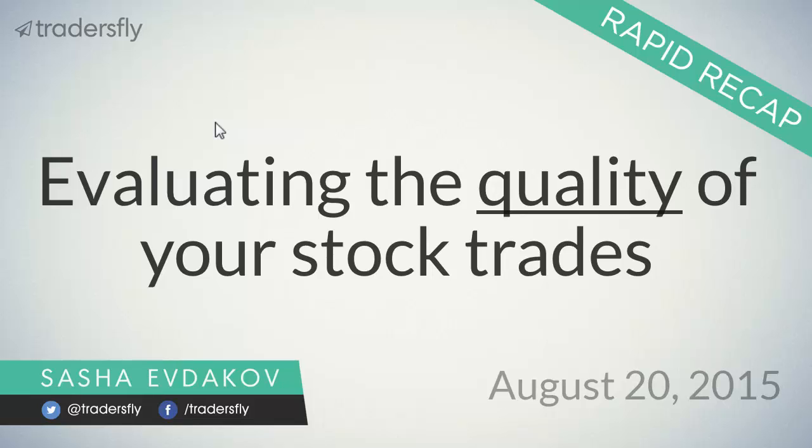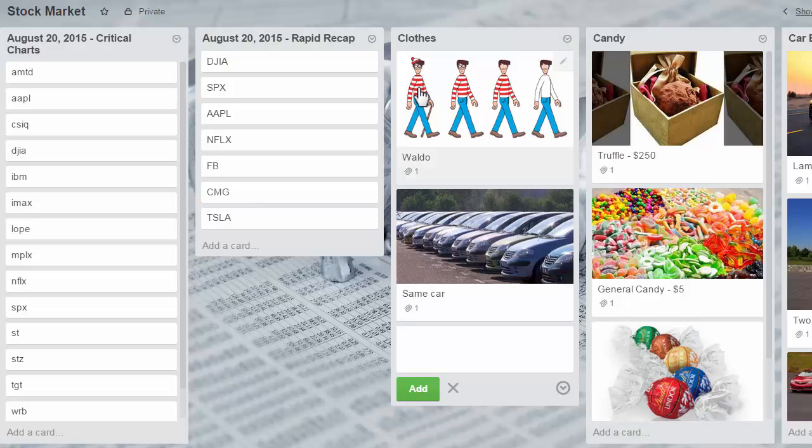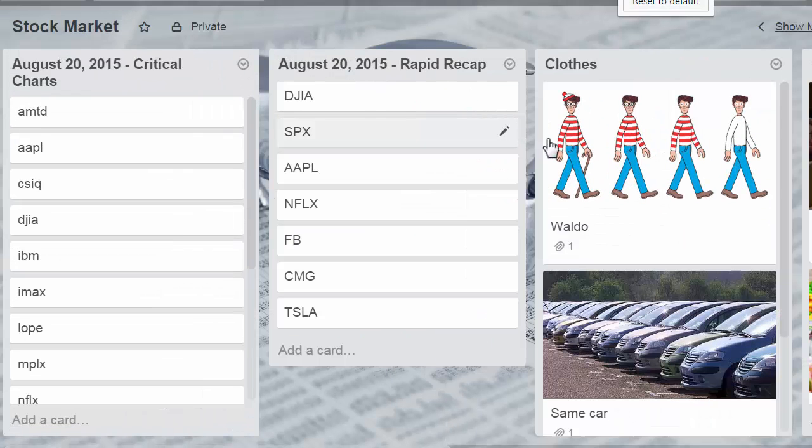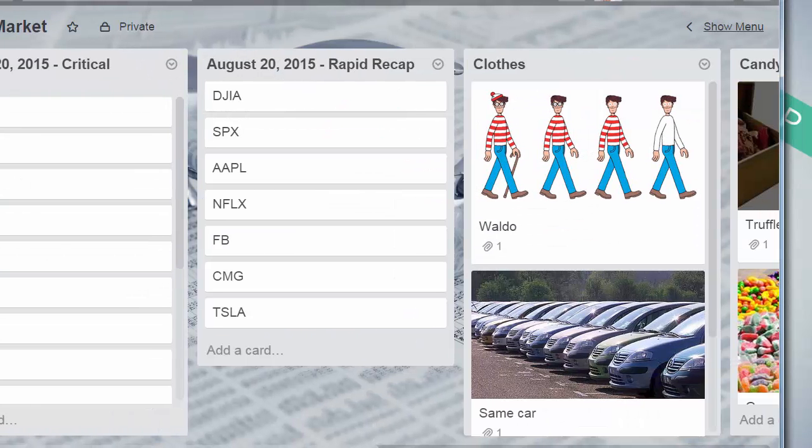Now, when it comes to the real world application of how we choose things based on quality, not everybody chooses the cheapest thing and not everybody chooses the most expensive thing. If that happened, we would be wearing the same clothes, just similar to this Waldo character over here. So take a look here. We would probably be wearing the same kind of clothes, the same kind of jeans, the same kind of shoes as everybody else, if everybody chose the cheapest thing possible in terms of their buying selection.